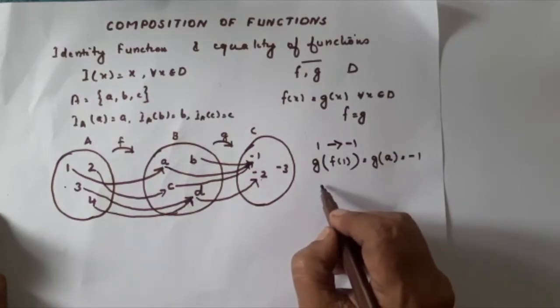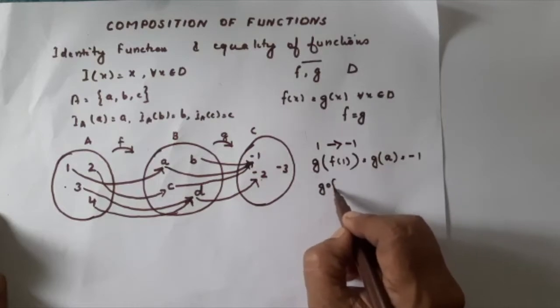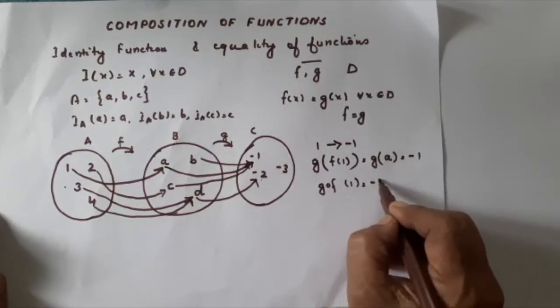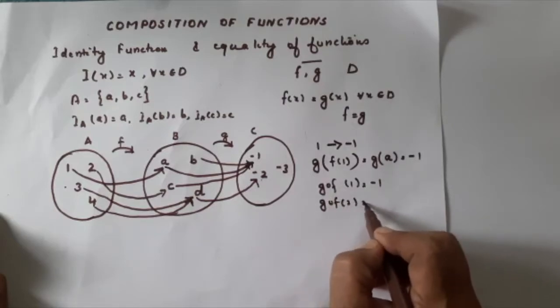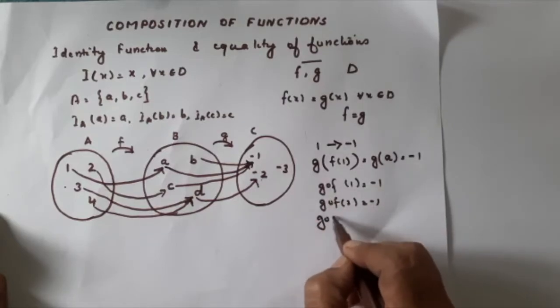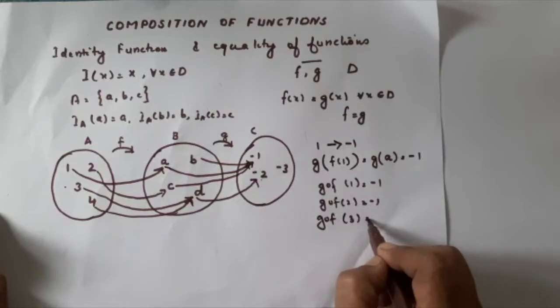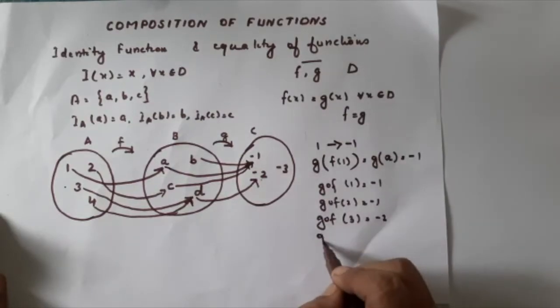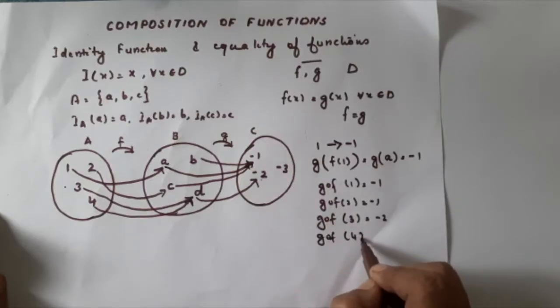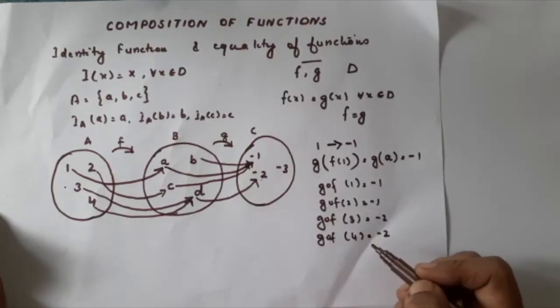It is denoted g dot f of 1 equals minus 1. Similarly, g dot f of 2 is also minus 1. g dot f of 3 is minus 2. g dot f of 4 equals minus 2.